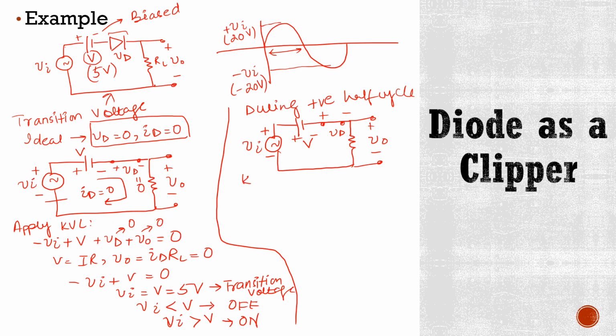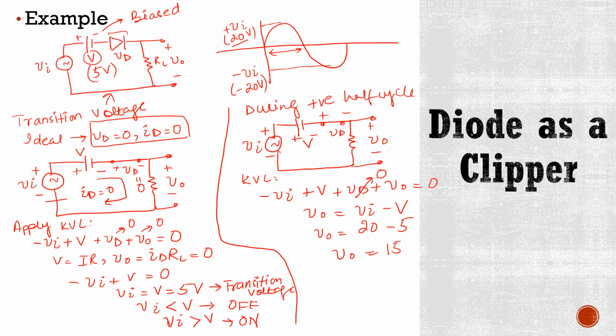So in this case, your KVL equation is minus Vi plus V plus Vd plus V naught is equal to 0. If this diode is ideal, then this Vd is 0. Now in this case, this equation will become like this. We know that Vi is 20, so this is 20. We know that V is 5, so this is 5. It means here V naught is equal to 15 volts.